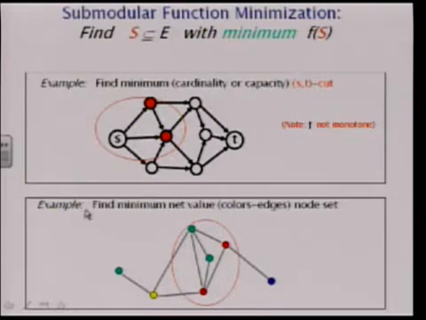And another example of an optimization problem people may spend a lot of time working on is to find the minimum net value. In this simplified case, it's the minimum color edge, this colors minus edges on this node set.